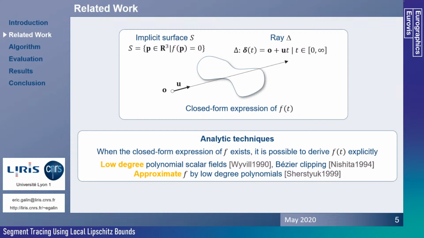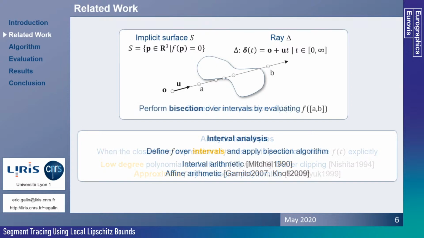Yet this is performed at the expense of less accurate intersections. Interval analysis redefines the function f over intervals and relies on interval arithmetic to evaluate f. This approach performs well for scalar fields with simple closed form expressions, such as polynomials. This approach does not lend itself to procedural implicit surfaces, however.